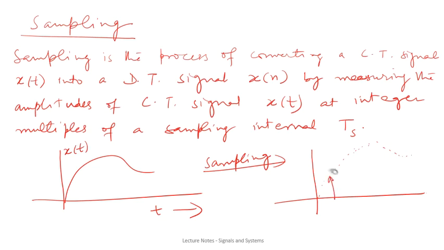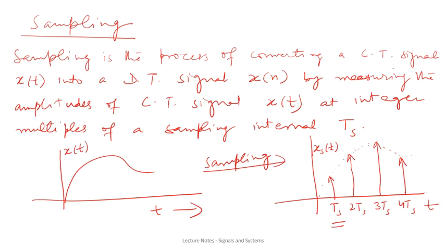So something like this will come in the sampled signal. Okay, so this will be the sampled version of the continuous time signal. So if this is t and this represents the sampling interval, that is, the samples are taken at a time difference of Ts units.